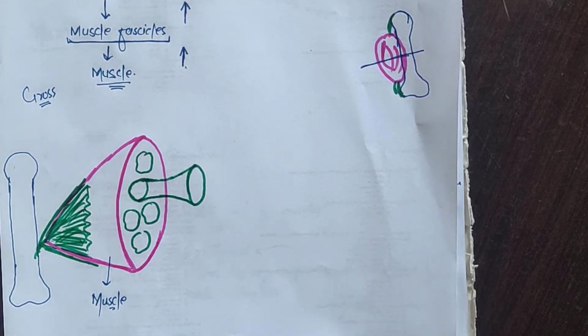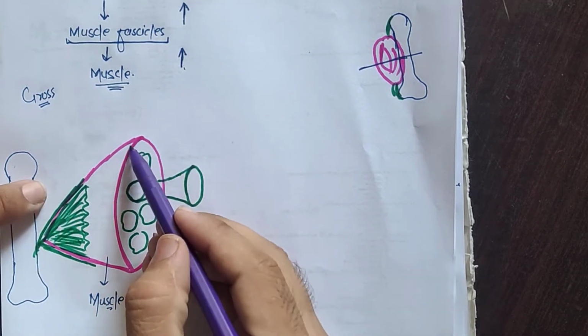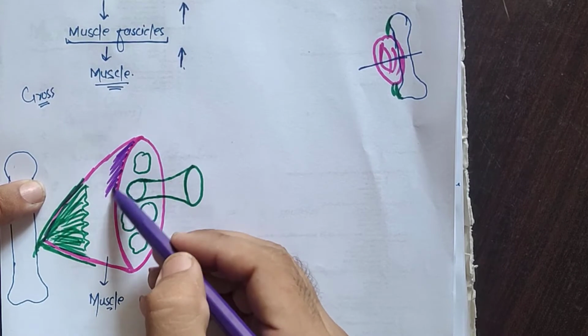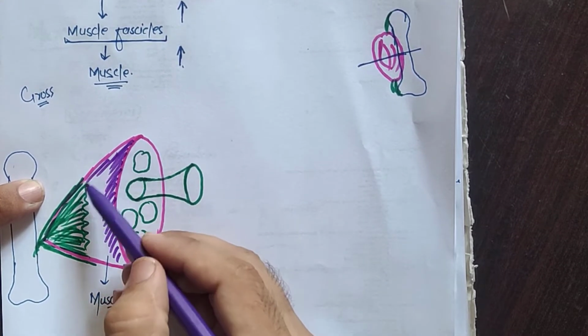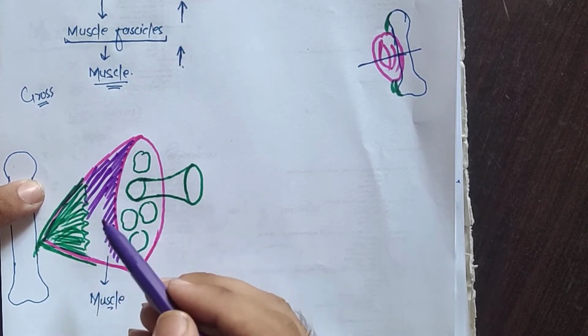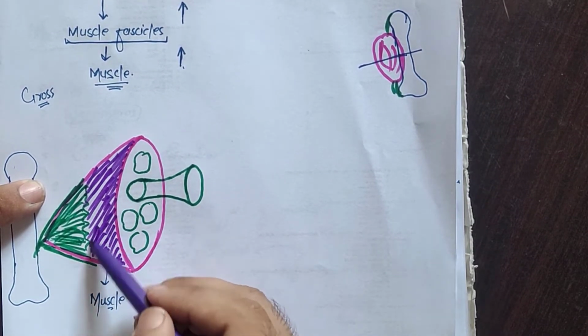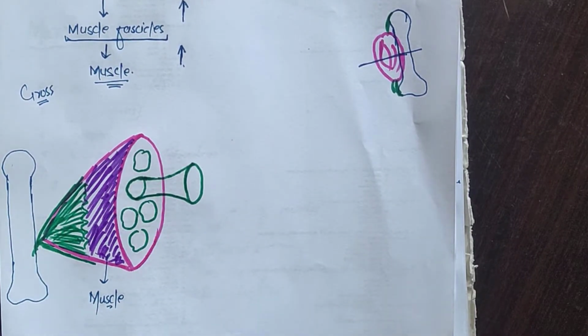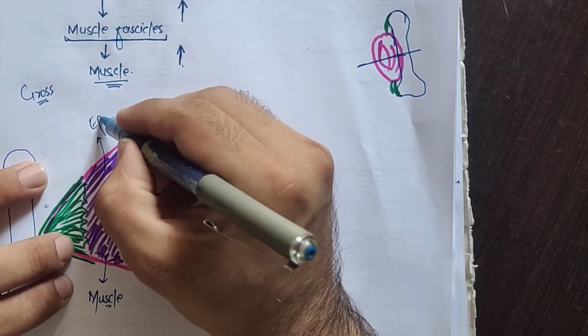Now look carefully. Above this muscle itself, there is a layer of connective tissue present around it, right? And this is called the epimysium, right? This is the connective tissue.